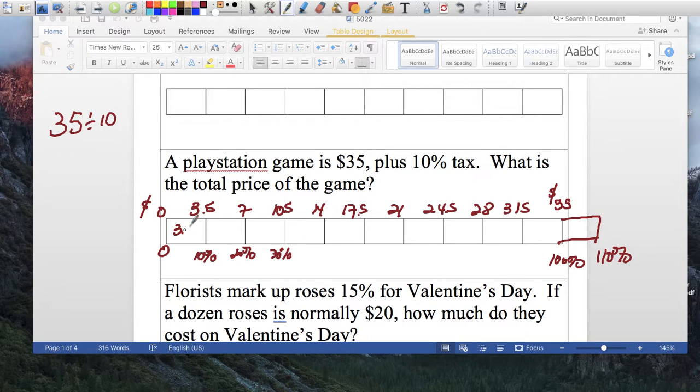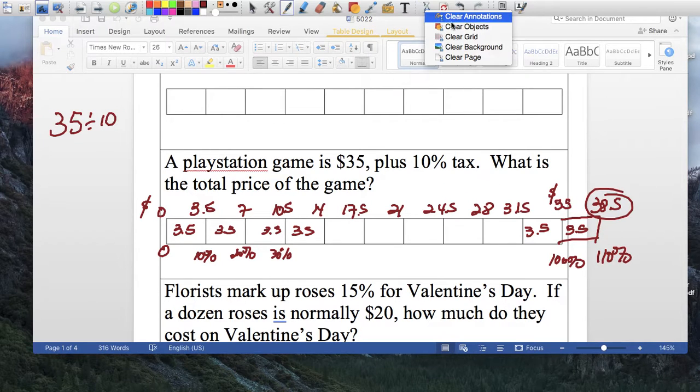Because every box is 3.5, 3.5, 3.5, 3.5, and so on. So it's 31.5 plus 3.5, which is 35, so we're going to add another 3.5, and 35 plus 3.5 is 38.5. So with tax, you're going to pay $38.50.